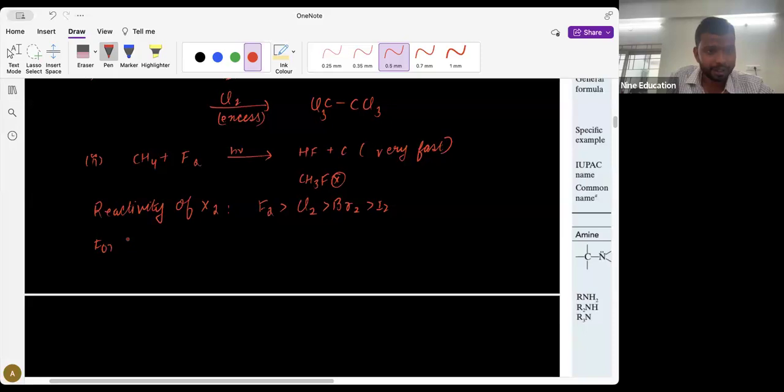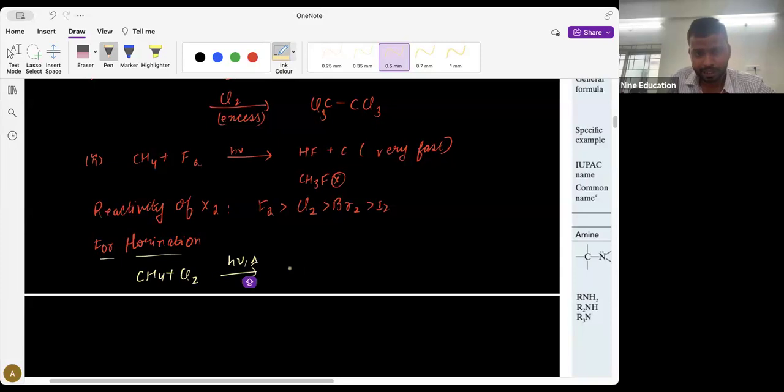Therefore, for fluorination, what do you have to do? For fluorination, we will first do chlorination in heat light. Beta, in heat light, we always remember that we have a free radical mechanism. First, we will do the chlorination. In chlorination, all hydrogens will be removed and will form CCl4, and after that you can do fluorination.